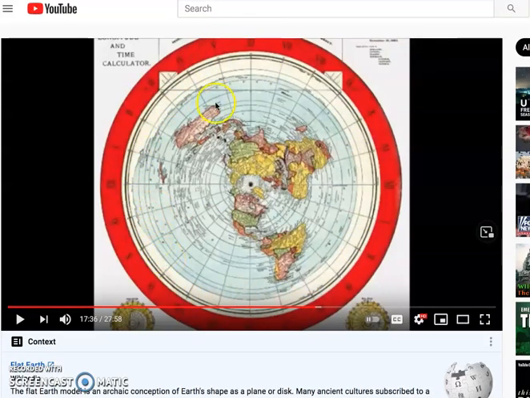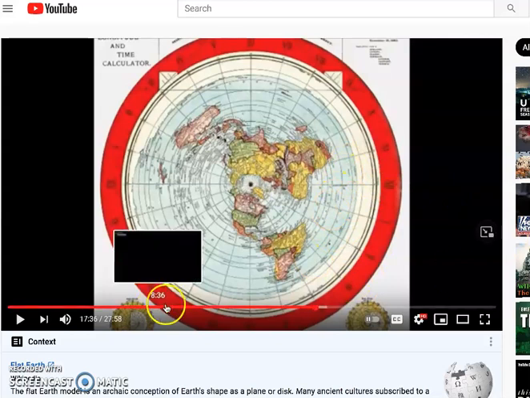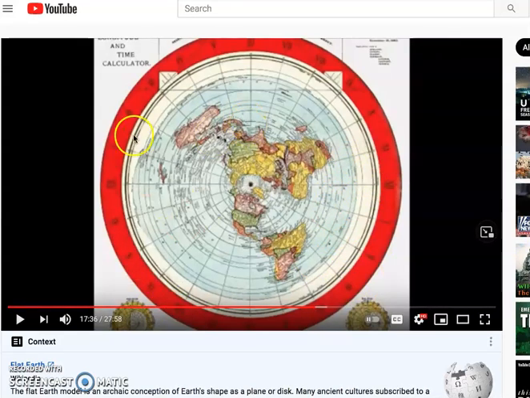But there's another map that shows landmass outside of Antarctica, and I think the people inside are, well, you guys probably know what I think about that. I do think that this makes the most sense.